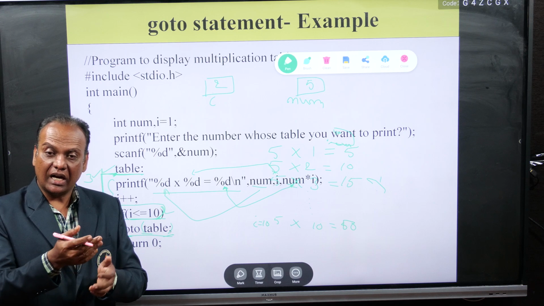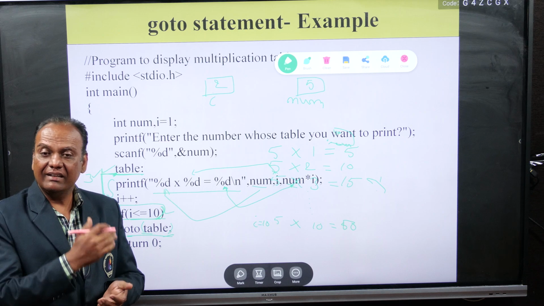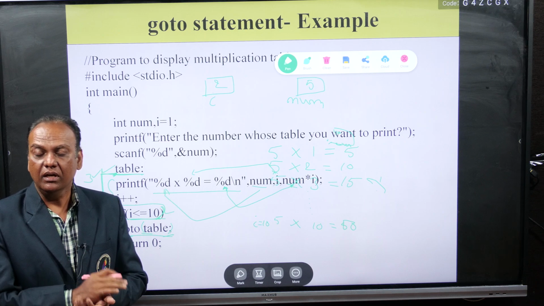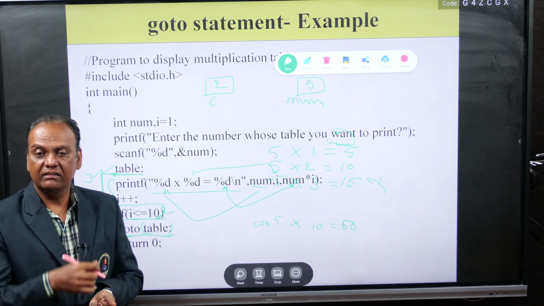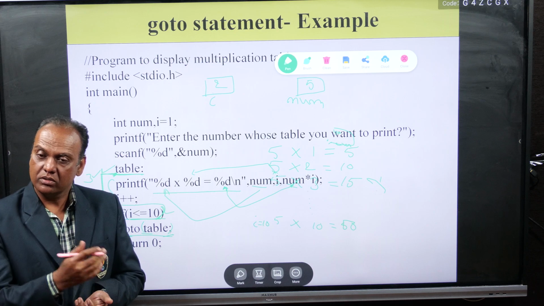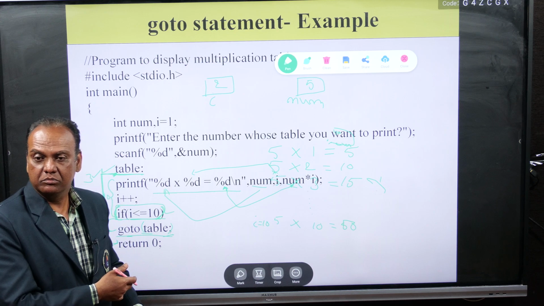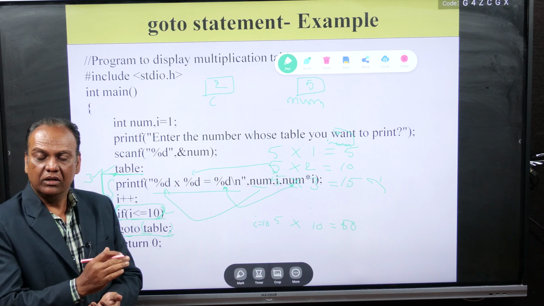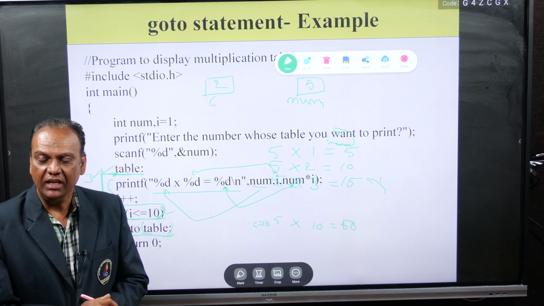If you want to come out of all the nested loops, we use the goto statement by defining the label outside of all the nested loops. So the goto statement can jump out of all nested loops, or jump anywhere in the program execution.